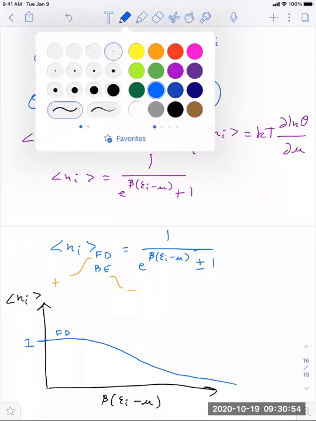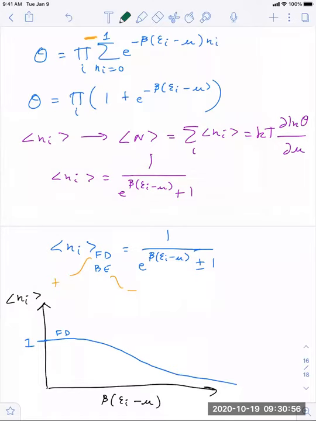Then for bosons, I get a different picture that looks something like that. Again, you can appreciate my drawing here, where I get a lot of occupation at low energies, but then not as much occupation at high energies. And then a Boltzmann distribution actually looks pretty similar to a Bose-Einstein, just slightly shifted.